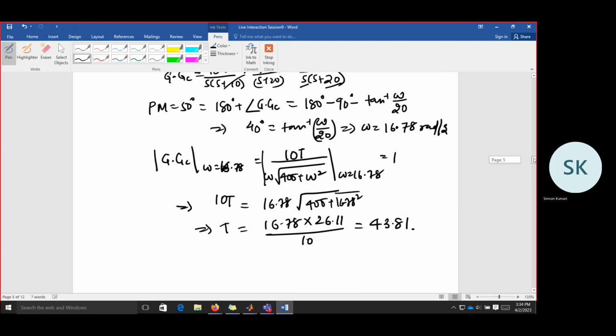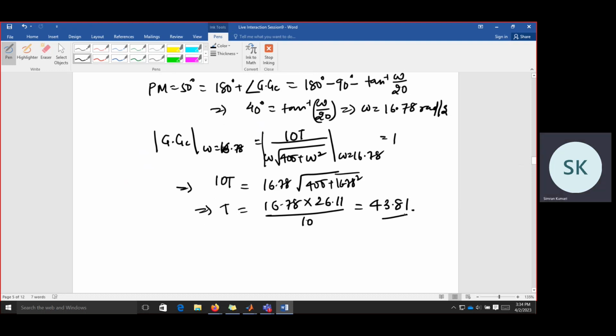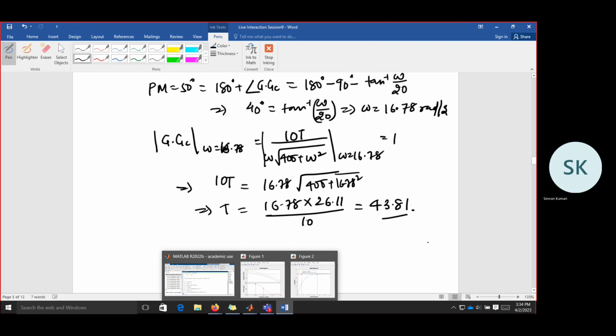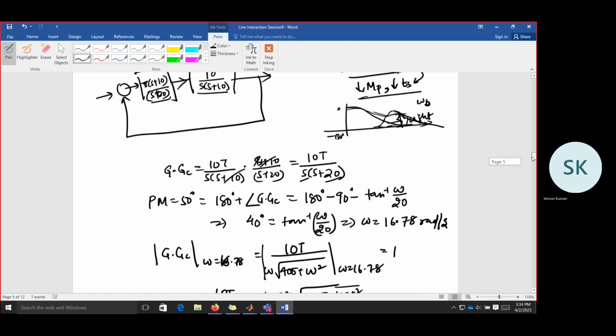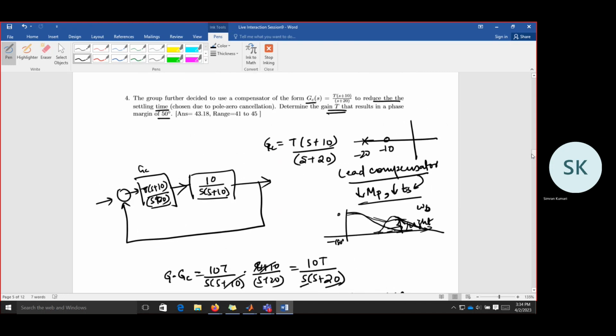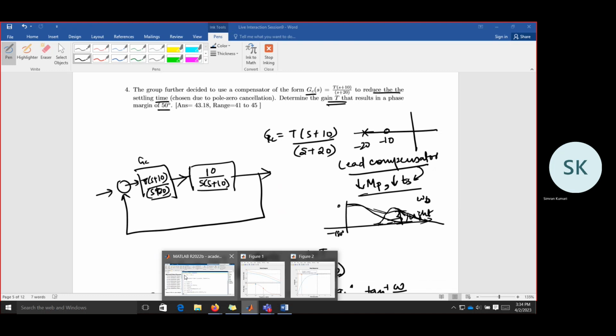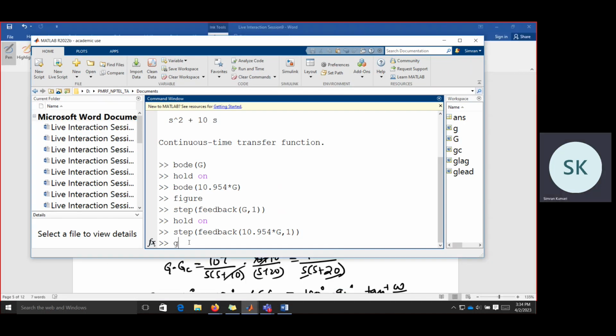Let us see if we get this one or not. So what is the open loop transfer function? We have this GC, which is T (S plus 10) over (S plus 20).